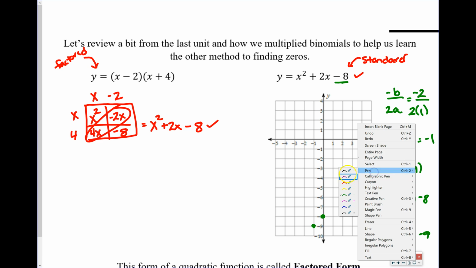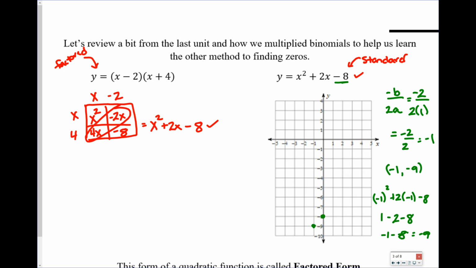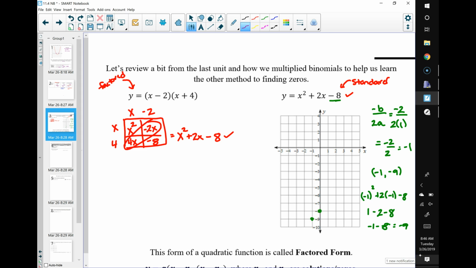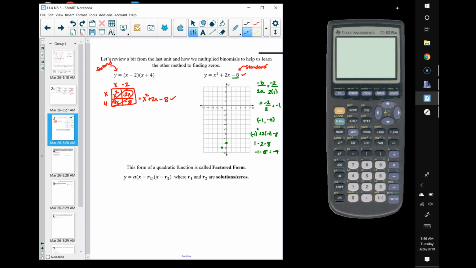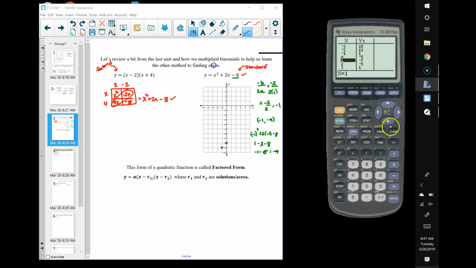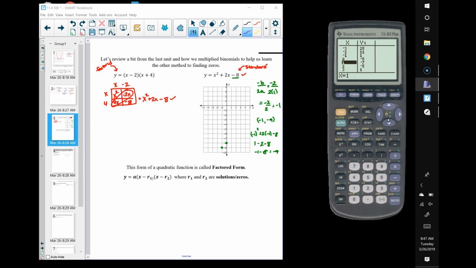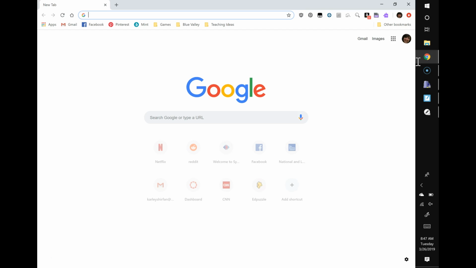From factored form, and that's what this is called, factored form, I get 2 points as well. And from factored form, in fact, I'm going to graph this and show you because I think that would be an easier way to see. So I'm going to go to my graph here. Actually, let's do this in Desmos. I think that'll be easier to see.